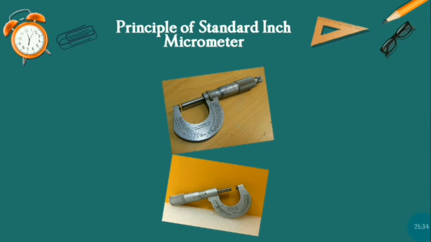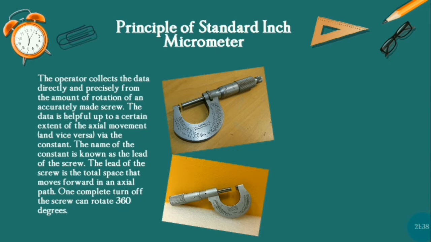Principle of the standard inch micrometer. The operator collects the data directly and precisely from the amount of rotation of an accurately made screw. The data is helpful up to a certain extent of the axial movement and vice versa via a constant. The name of the constant is known as the lead of the screw.